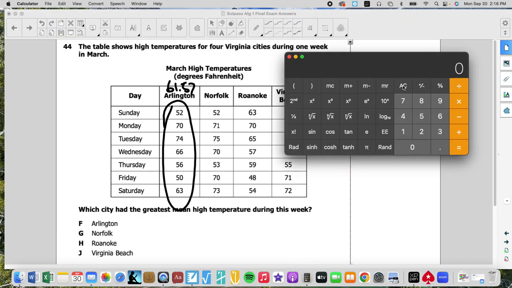Could we see which one? I was wondering if we just 71 plus 75 plus 70 plus 53 plus 70 plus 73 equals, I guess we could just add them up and see whichever one has the highest sum also. But since I forgot what that sum was, that's 66.28.